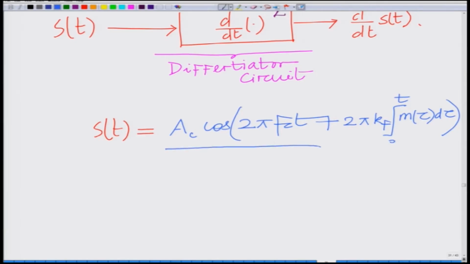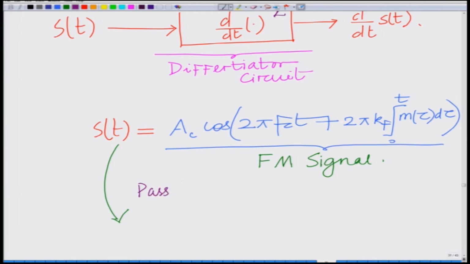We have seen this several times before. This is an example of a general FM signal.